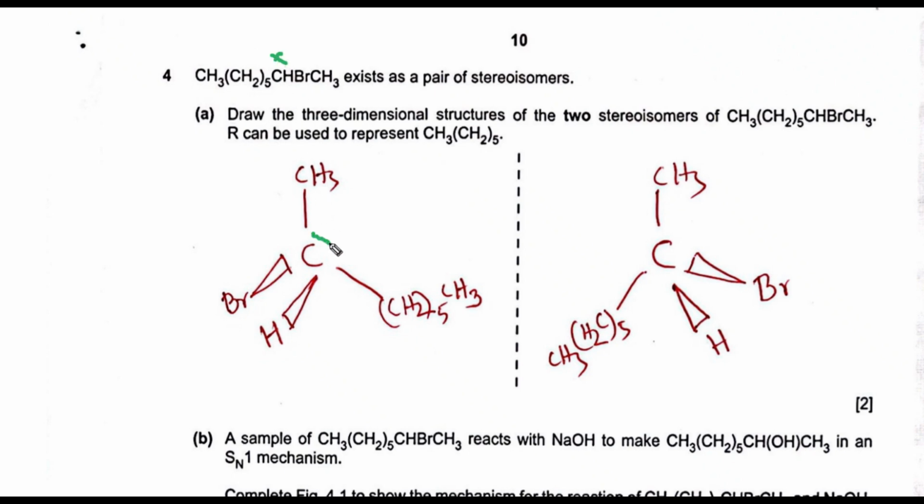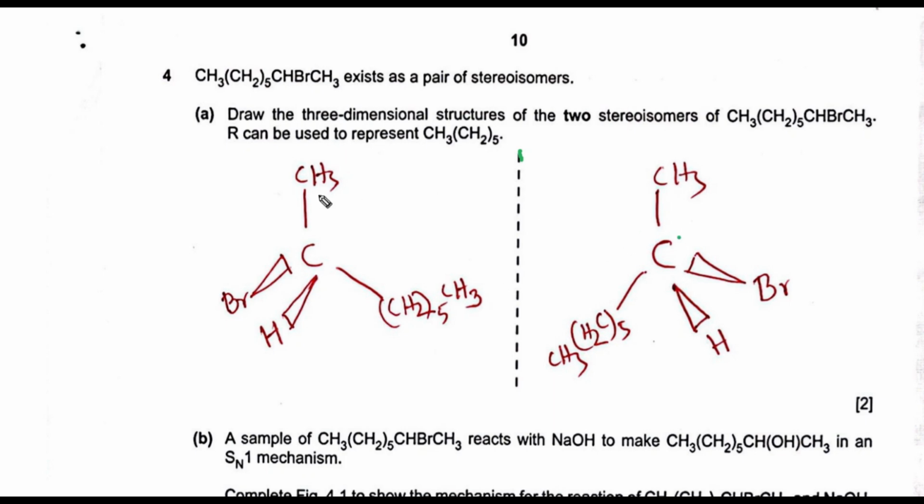Chiral carbon: 1 methyl group, 1 bromine atom, 1 hydrogen and 1 CH3CH2 whole 5. So this carbon is attached to 4 different groups. So this will show optical isomerism, and this is the molecule's mirror image, a non-superimposable mirror image.